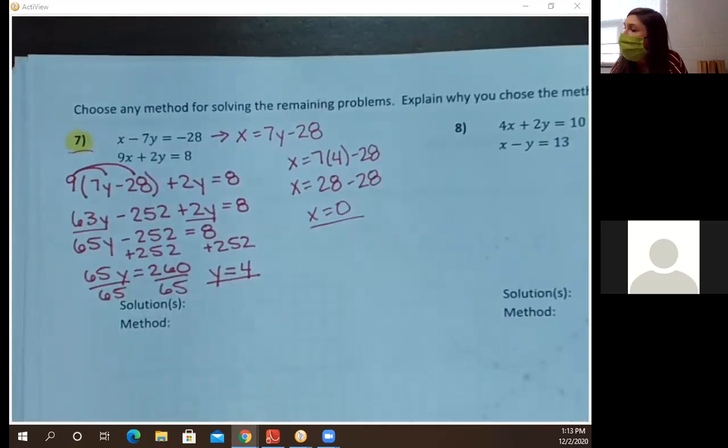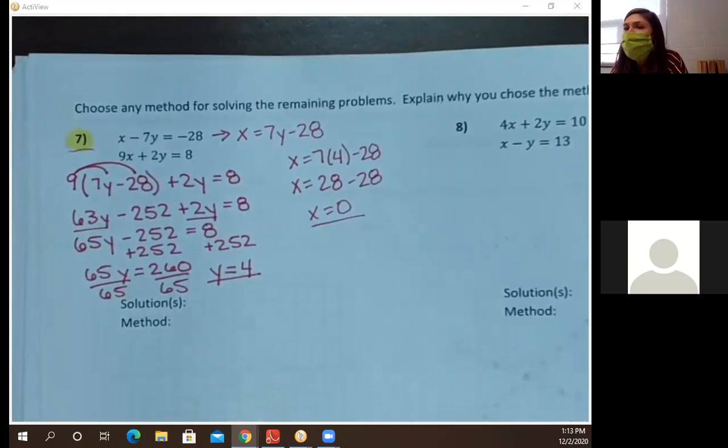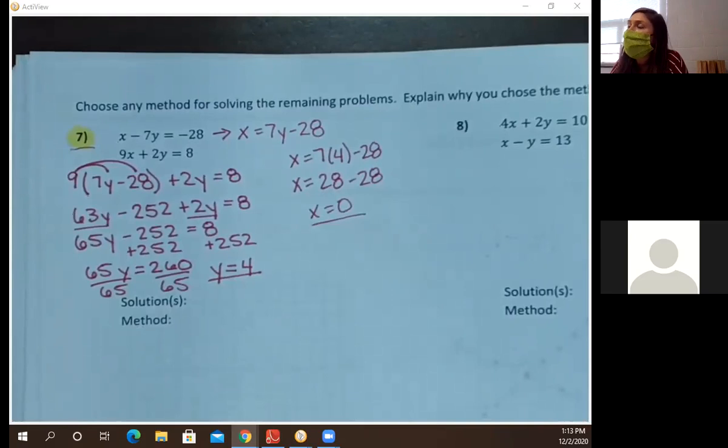When you finish, go ahead and check your work on this one. I went through this with substitution, but if you used elimination instead, you'll get the same solution.